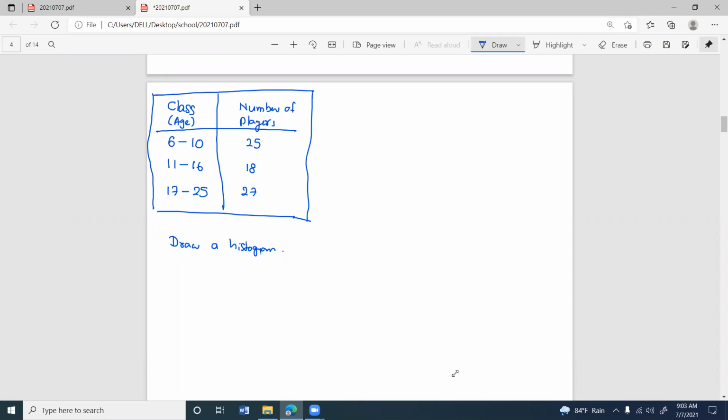For example, we get some information by month: Jan, Feb, March, with frequencies 10, 12 and 8. You can mark this information just like this. For January, you can draw the bar like this. For February, you can mark the bar like this. For this one, you can mark the bar like this.